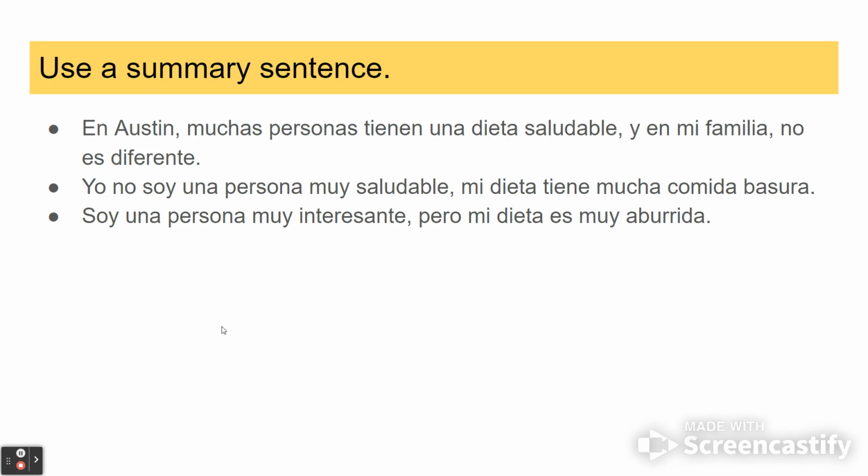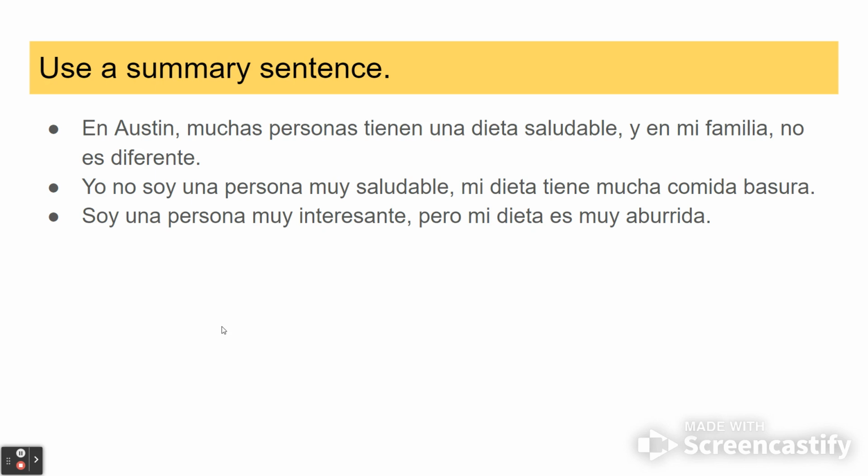Another example would be, yo no soy una persona muy saludable, mi dieta tiene mucha comida basura. So this summary sentence sets up my paragraphs to basically say how I'm going to be talking about all of the junk food that I'm eating. Another example is, soy una persona muy interesante, pero mi dieta es muy aburrida.